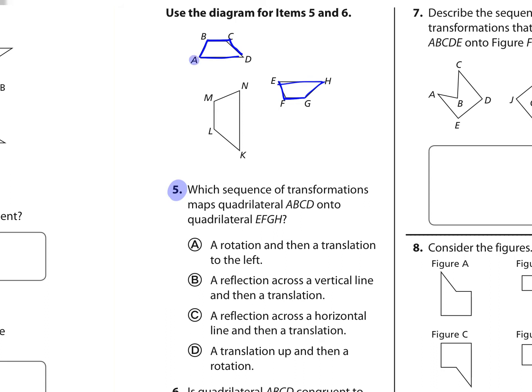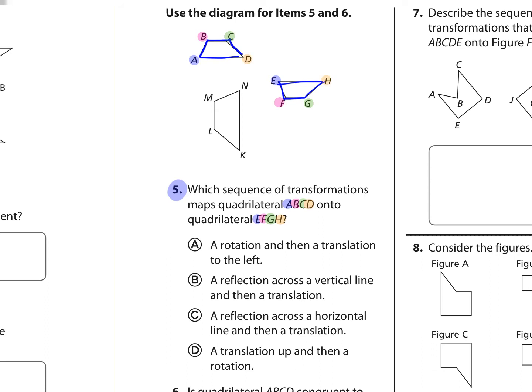So point A maps to point E. Point B maps to point F. Remember, I'm just looking at the letters in order. So A to E, B goes to F, they're just the second letters. C goes to point G, and D goes to point H.